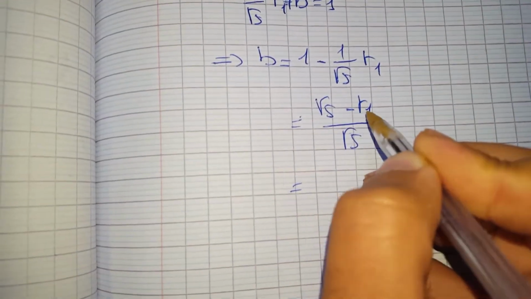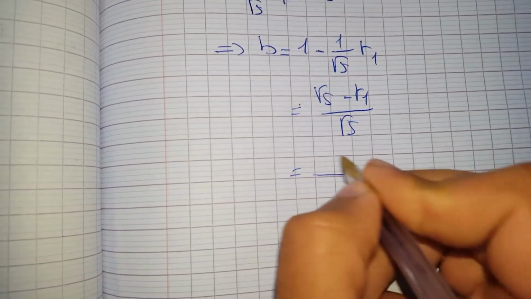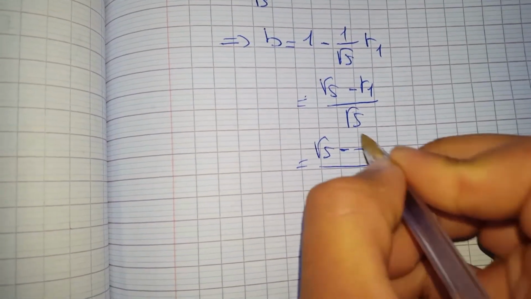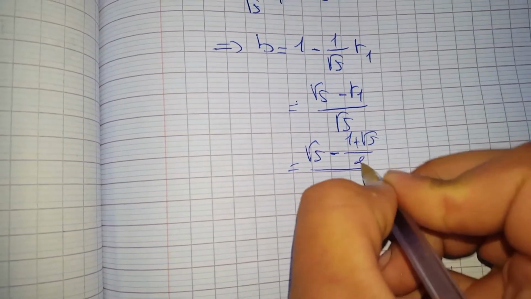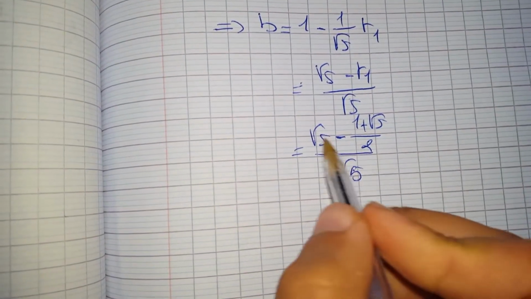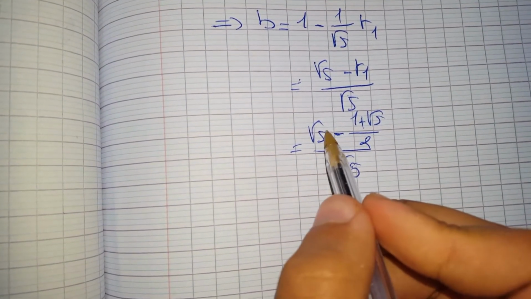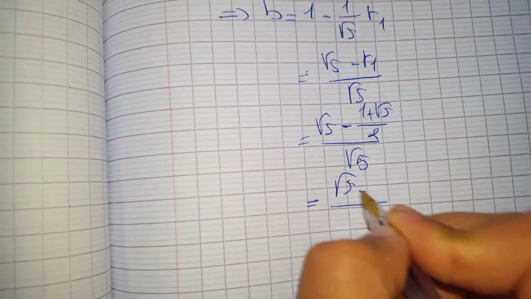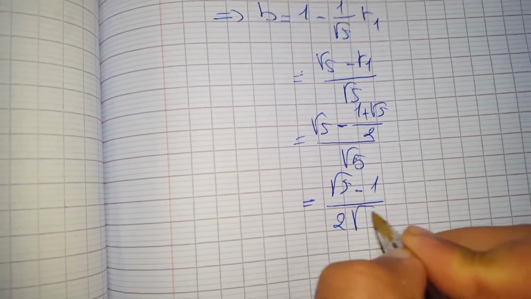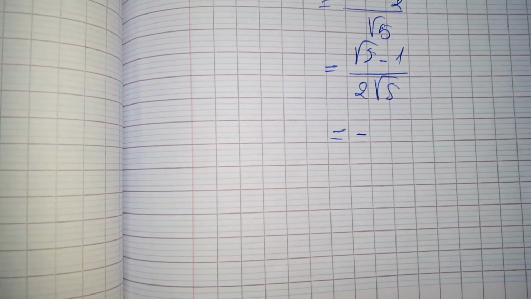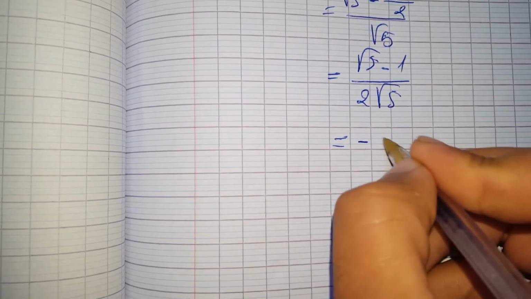Now I will give r1 its value. It gives us square root of 5 minus 1 plus square root of 5 over 2, and that will give us square root of 5 minus 1 over 2 square root of 5. And if you pay attention again, that is minus our r2 over square root of 5.